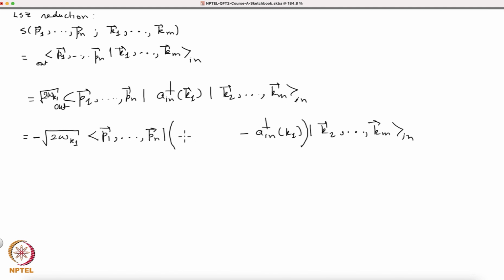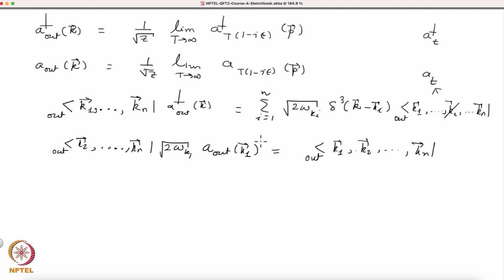Now I will add another operator here, A out dagger K1. I can do this because A out dagger K1, when it acts on this out state, kills it. Why? Let's go back and check. A out dagger K acting on this out state gives you this result, where it removes the label Ki and gives you this delta function.